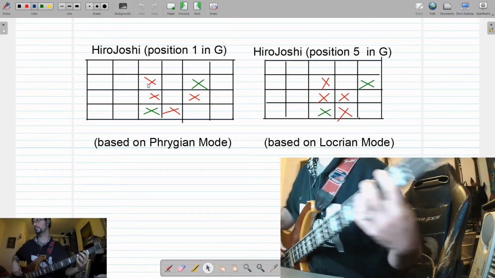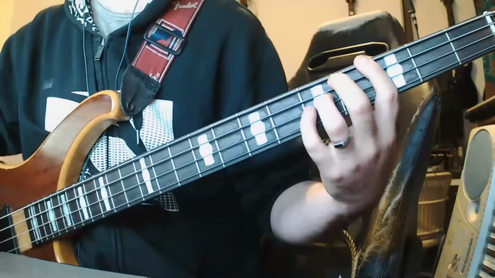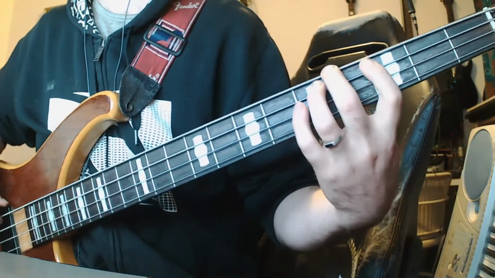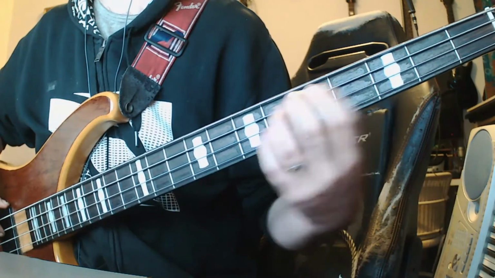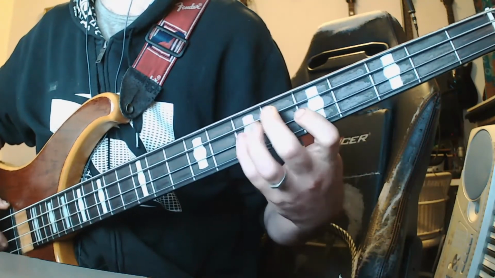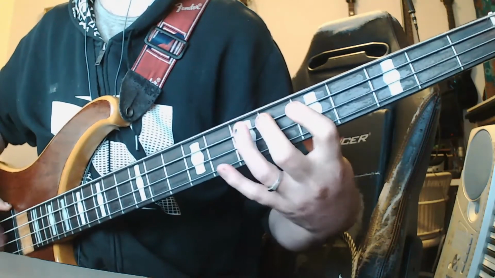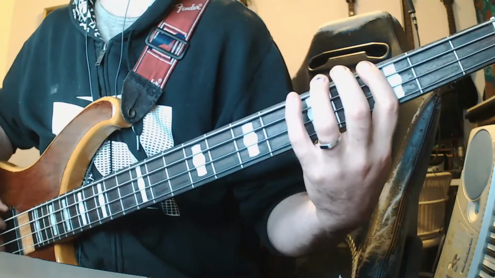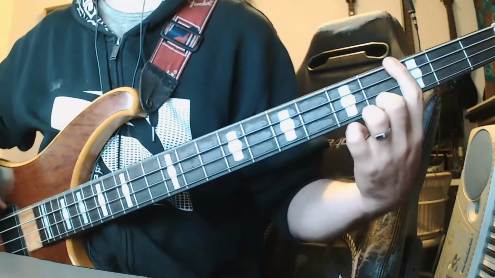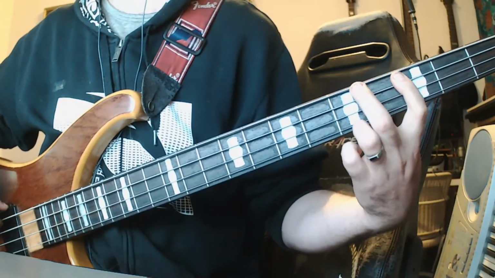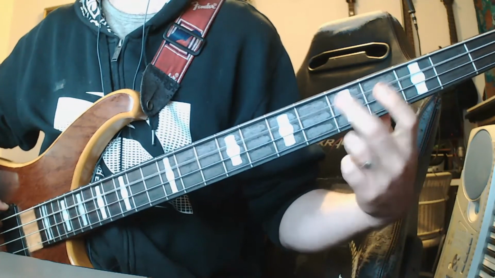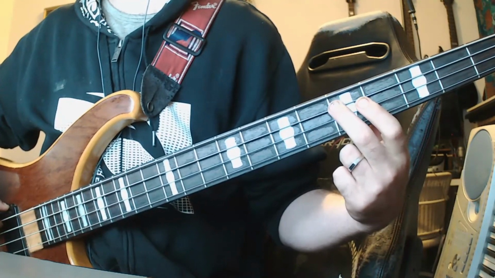So you've got first position, fifth position, shifting up to the D. I didn't do that very well. Let's try that one more time. Root, flat second, fourth, fifth, and then you start the fifth mode.